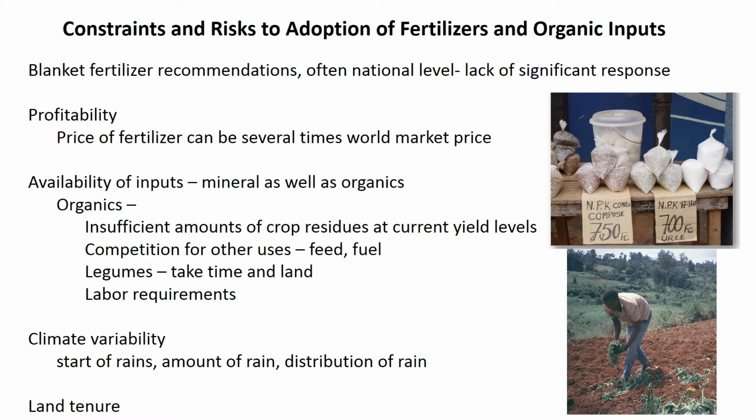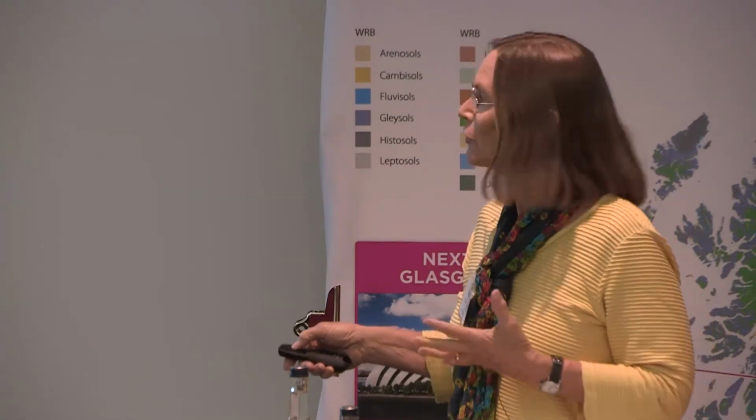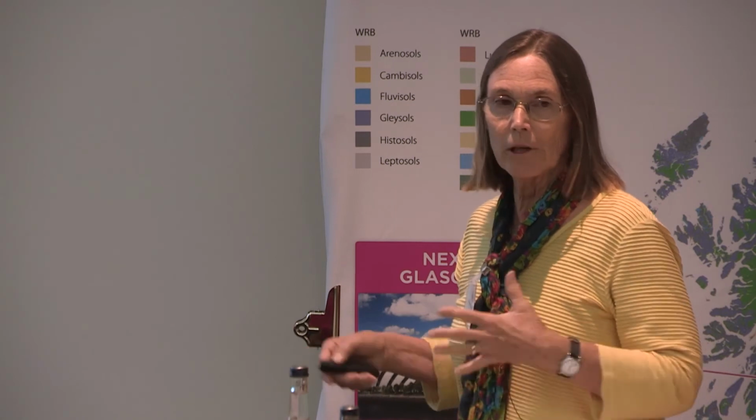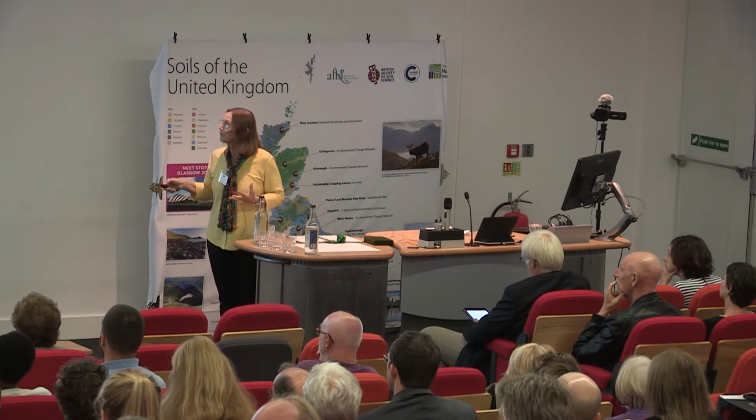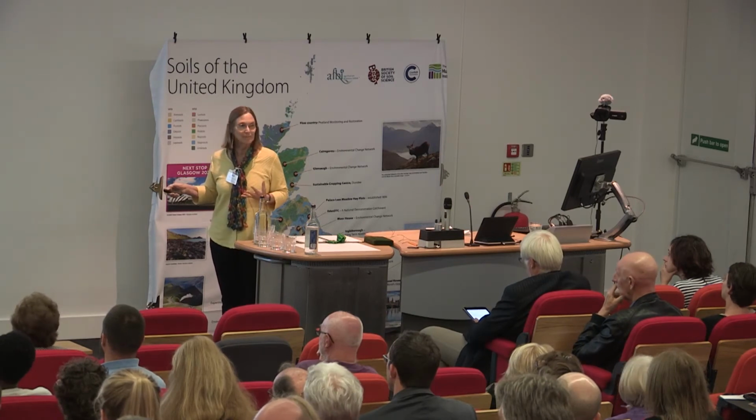And climate variability. When do the rains start? When do you plant? Are you going to get enough rain? If it starts, are they going to be there long enough, or is there going to be a dry spell? These are all huge risks to farmers. And if they're going to invest, they need to know that they're going to get a return. And many of these will tell them, you might not get a return.